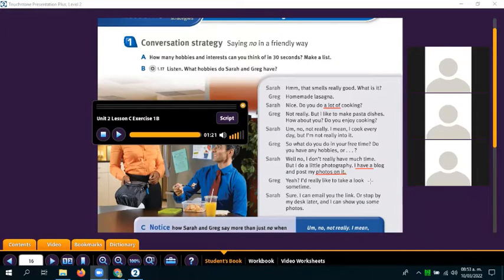That smells really good. What is it? Homemade lasagna. Nice. Do you do a lot of cooking? Not really, but I like to make pasta dishes. How about you? Do you enjoy cooking? No, not really. I mean, I cook every day, but I'm not really into it.